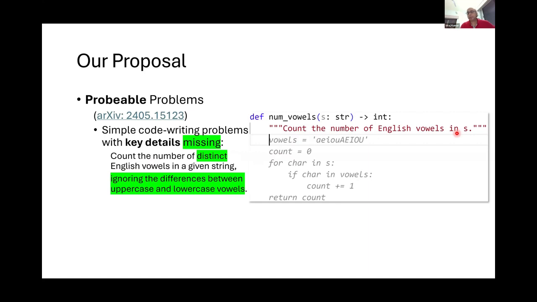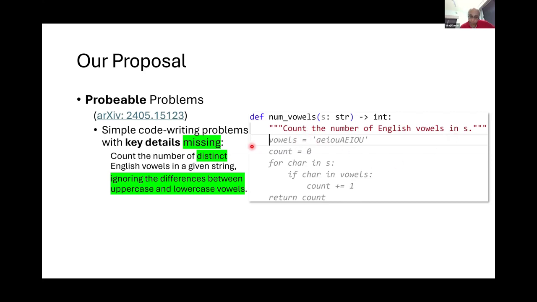And maybe in their mind, it was very clear that by counting, I mean, don't count the same vowel twice. I just want to see how many vowels there are in this string. So this could have been the request that your client made, right?